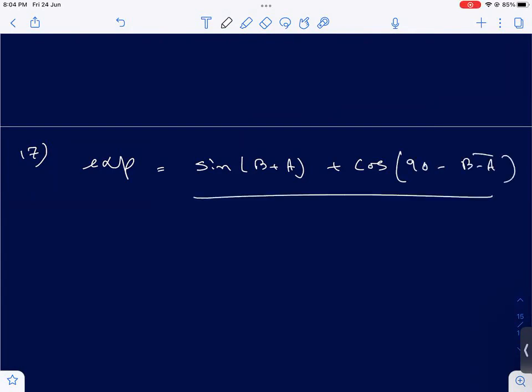Similarly, if we divide like this, sin B minus A plus sin, cos means sin 90 minus theta. So this will be not cos, this is coming sin.